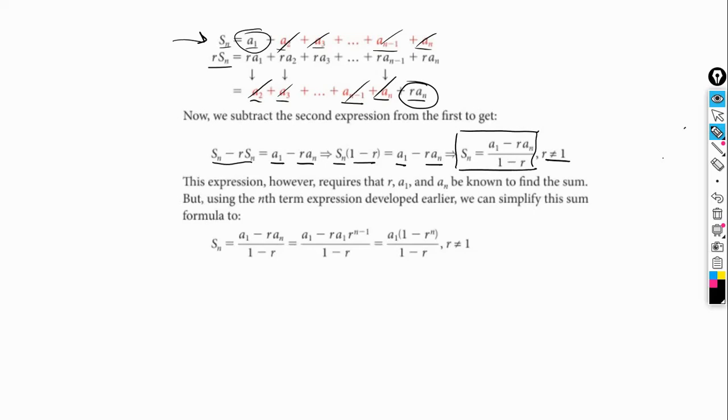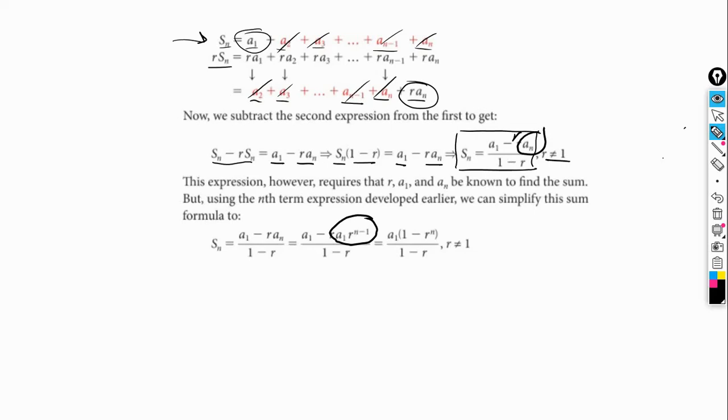We can substitute this expression, r times a sub n, by substituting a sub n with the definition of the nth term of a geometric sequence. So notice that we have substituted that here. The nth term in a geometric sequence is the first term times the common ratio to the power of the index minus 1.